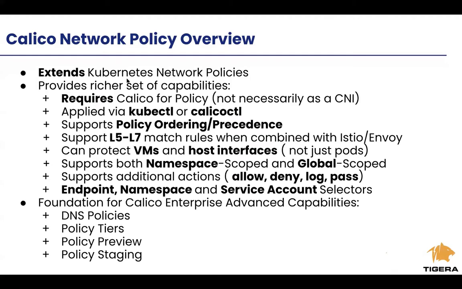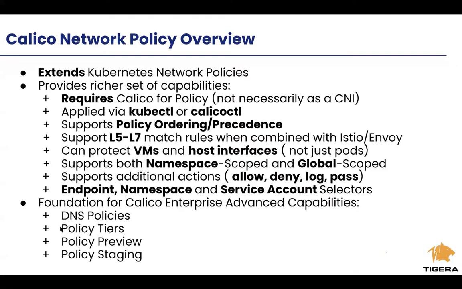Now, we use Calico Network Policy also as a foundation for some of the enterprise advanced capabilities. I'm going to mention a few here. We have something called DNS policies, where if you're trying to limit access or allow access, for that matter, to certain services outside the cluster, or you want to use a domain name instead of CIDRs or IPs, because those are not dynamic, you can do so with Calico Enterprise.